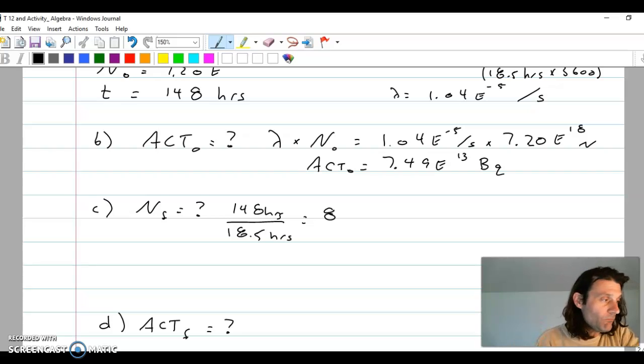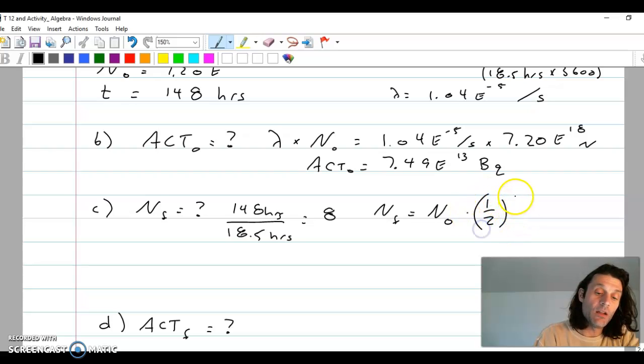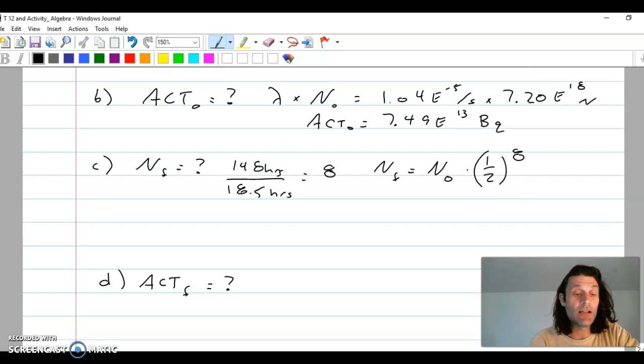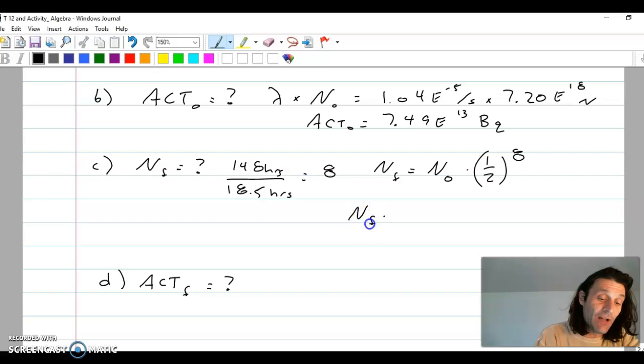So what you'll do then is you'll say, well, gosh, N_f equals our original amount multiplied by 1/2, 8 times. That's an easy way to write it if you want to write it like that, or 1/2 to the 8th, or times 2 to the negative 8th, whatever. So in that final amount after 148 hours, I'm going to take that original number, 7.20 E18, and multiply it by 1/2, 8 times.